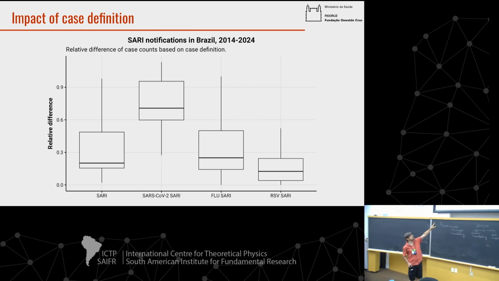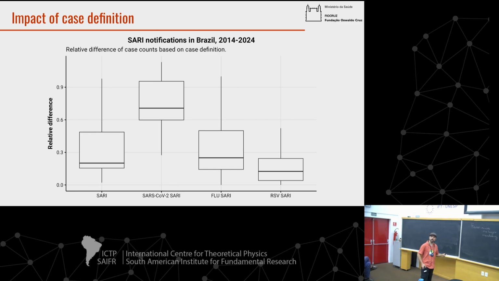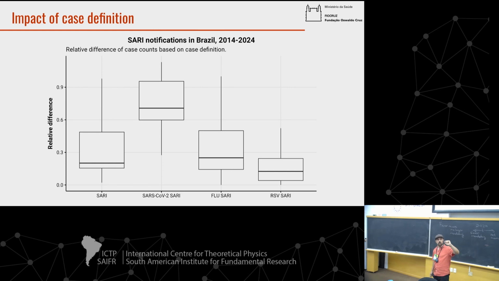What we're comparing here is the number of cases at each week that we get if we take into account all of the cases that were notified, regardless of what were the symptoms that were reported. So everybody that we look into the database, just making sure that the notified case was hospitalized and or died, we take into account.